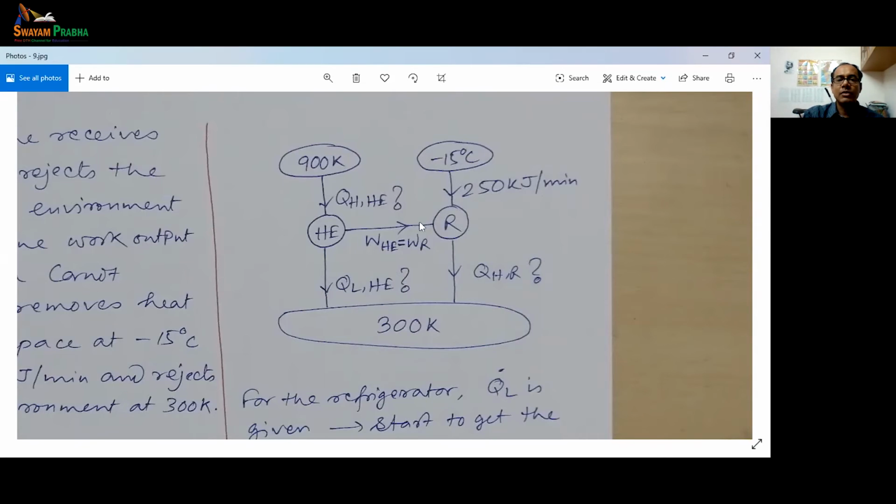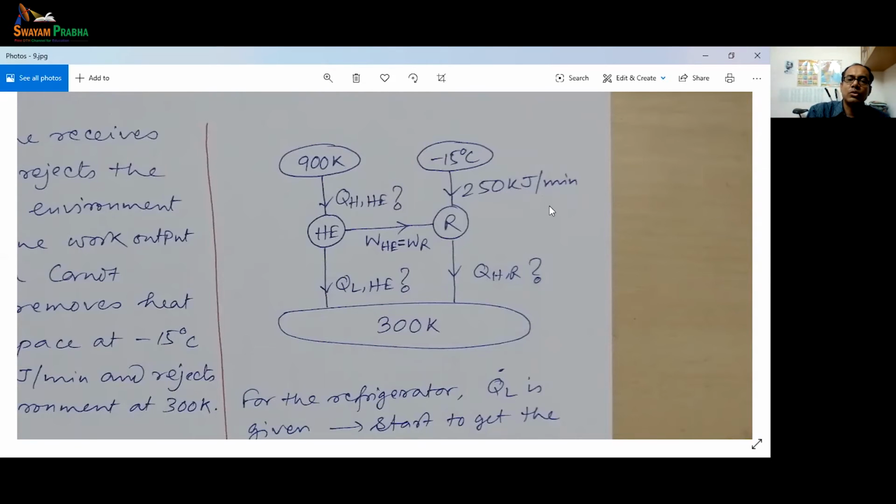And that refrigerator, what is it doing? It is taking up heat from a low temperature reservoir, which is minus 15 degrees centigrade, at the rate given as 250 kilojoule per minute, and that refrigerator is dumping the heat at QHR rate to the 300 Kelvin reservoir as well.